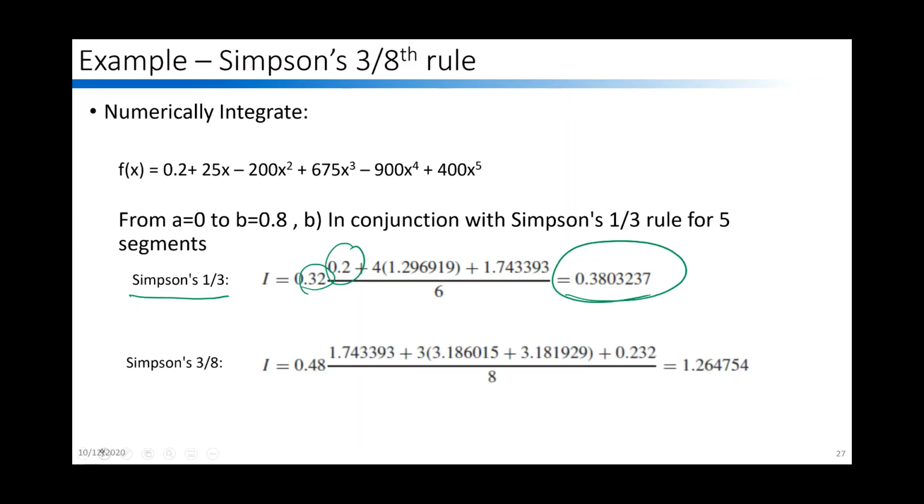Then we can conduct Simpson's 3/8 rule on the remaining pieces. Once again, I'm going to use x2 as the first point here. I then have 3 times my interior points, so that's f of x3 and f of x4, and then my final f of x5 sits out all by itself.